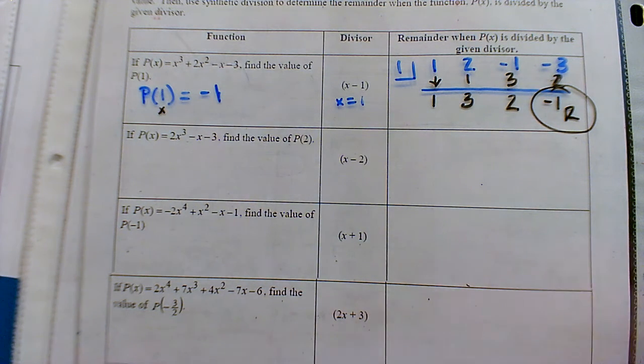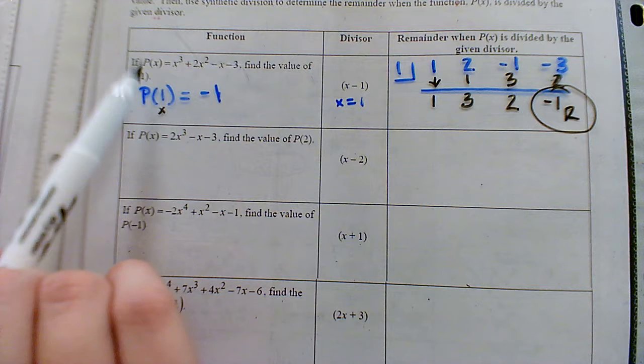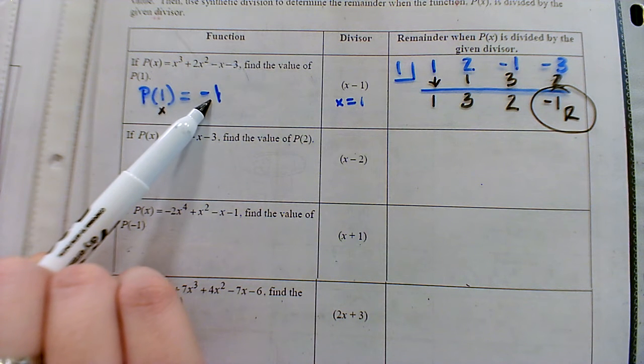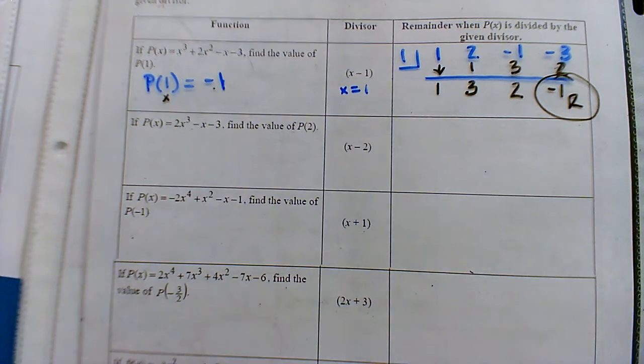So what I want you guys to try are the other 4 examples. Test to see if this relationship happens to be true for some other cases. If you were to take that little box number and plug it into your polynomial, you get to see if the answer is the same as that remainder. So go ahead and try the other ones. If you need to use a calculator, that's okay, because in some cases it might be a little difficult.